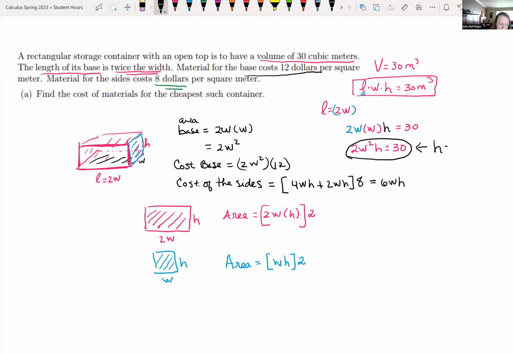So H in this case is equal to 30 divided by 2W squared. Or even better, H is equal to 15. Let's bring the W up into the numerator because that's going to help us when we differentiate. So H is the same thing as 15 times W to the -2 power.